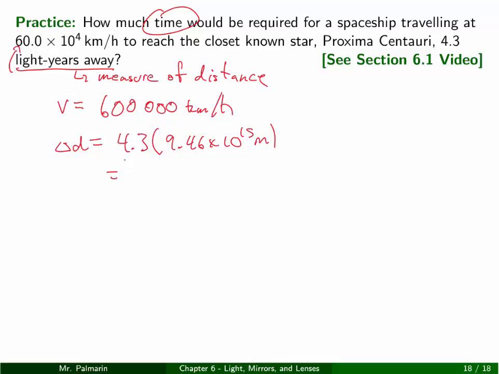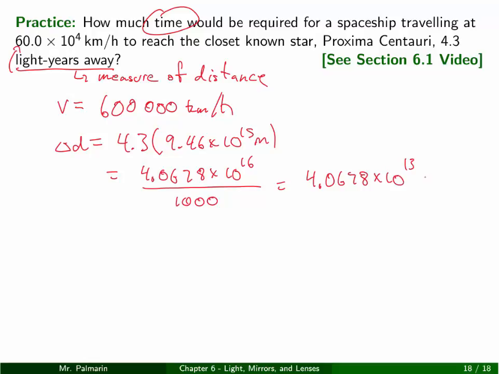That comes out to be something large. I'll write down everything. I'm actually going to take this and divide it by 1,000 to convert it to kilometers. The reason I'm converting it to kilometers is because my speed is written in kilometers. I'm going to leave all those extra sig figs there for now.